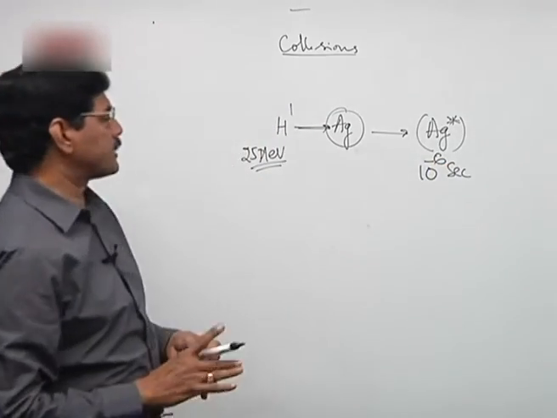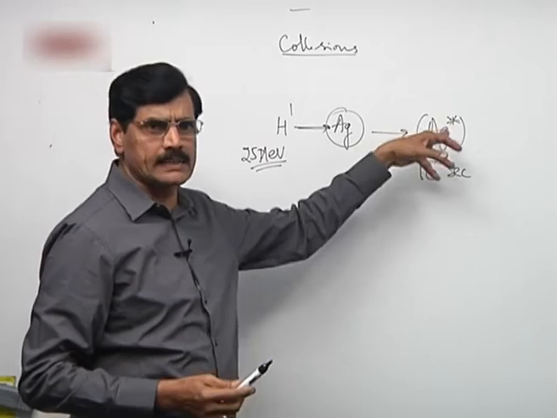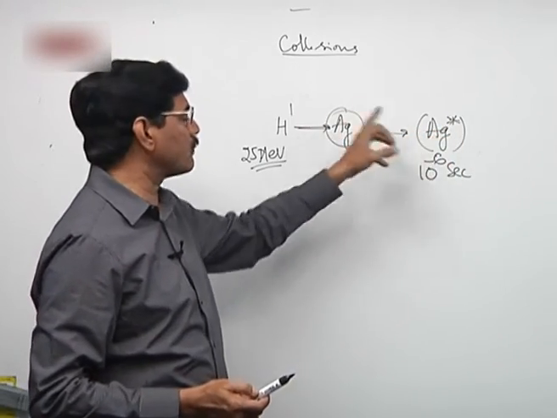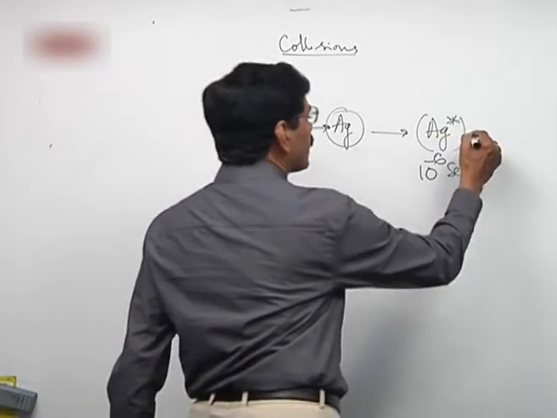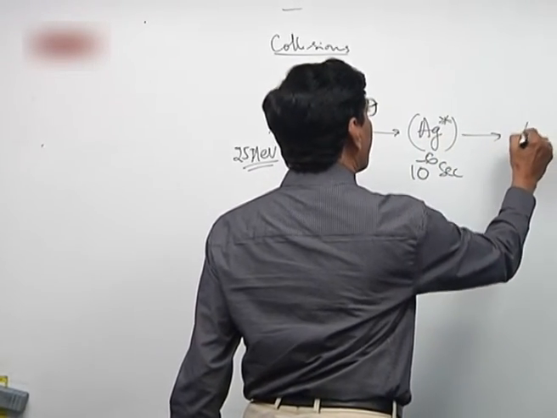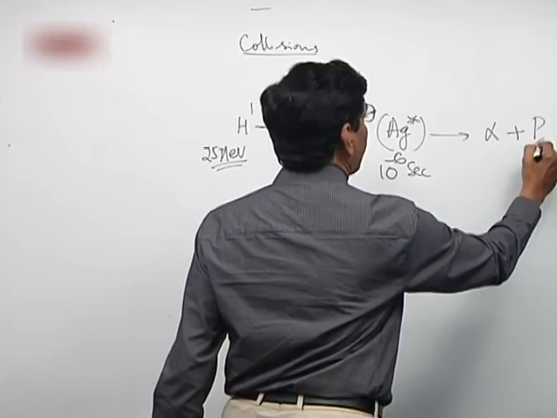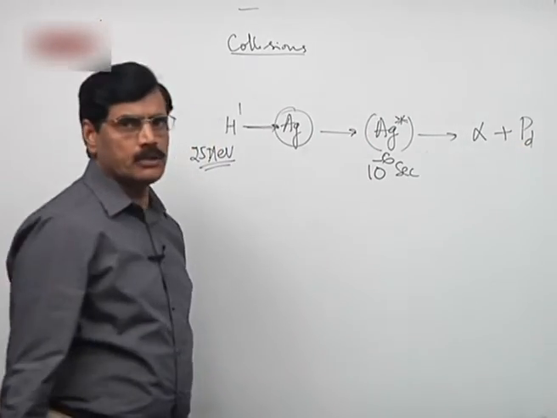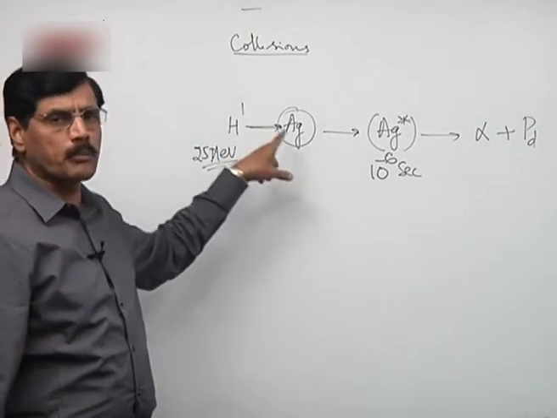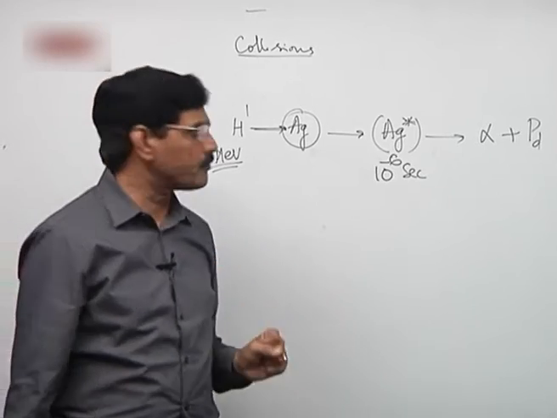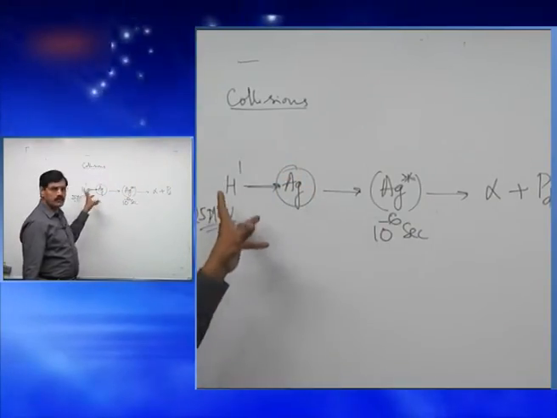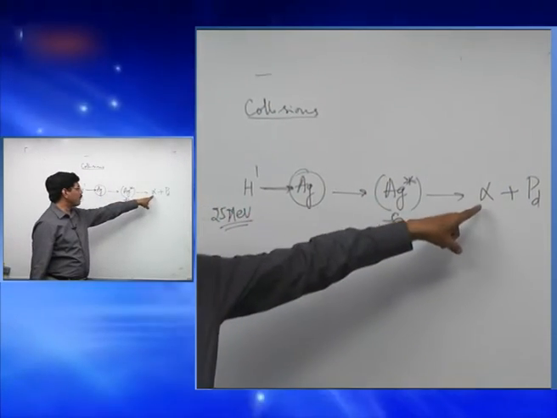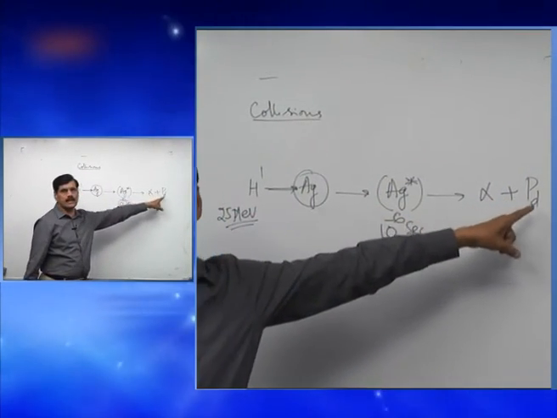During this time interval, the proton will be inside the silver nucleus and comes out as an alpha particle and a palladium nucleus. So in this case, no longer are the proton and silver nucleus there. Both have vanished. In that place, we get an alpha particle and palladium.